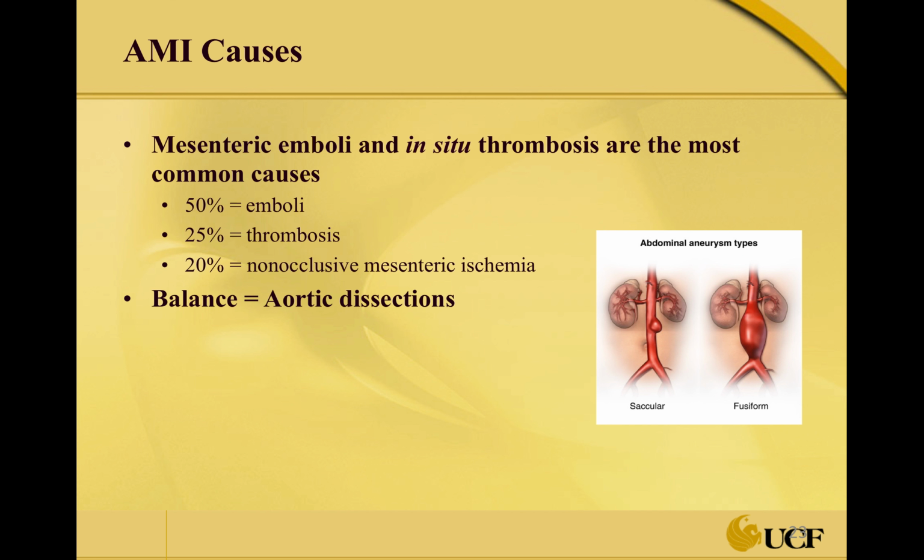I basically dispute the data in this a little bit, and it's something that we can talk about with Dr. Blackwell, because it says that the most common causes are mesenteric emboli and in situ thrombosis, and they attribute only 20% to non-occlusive mesenteric ischemia, but the most updated consensus is that non-occlusive mesenteric ischemia is more common than arterial occlusion and venous thrombosis. So just hold on to that thought.